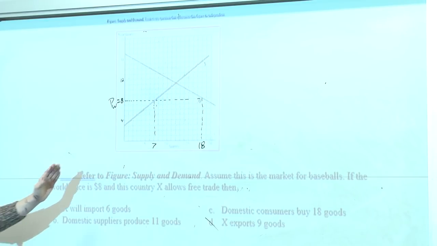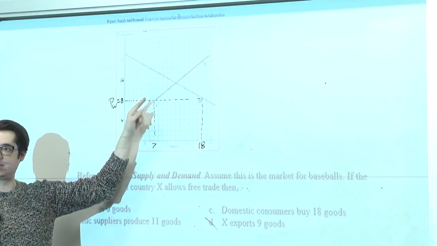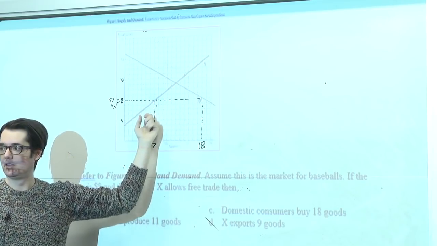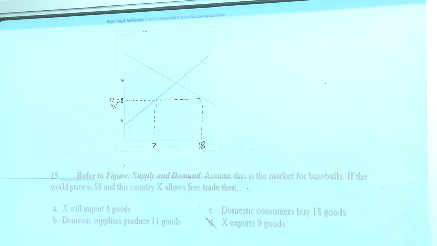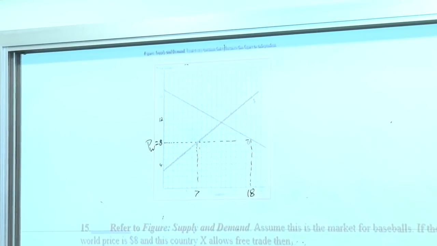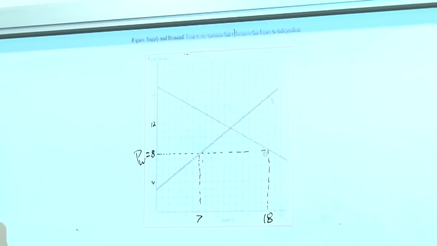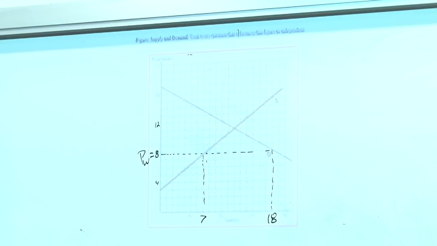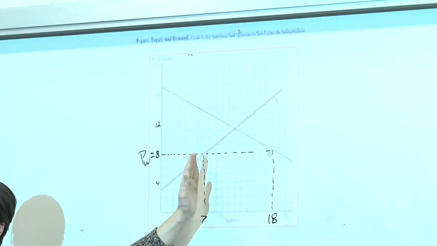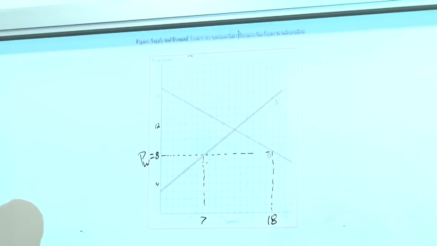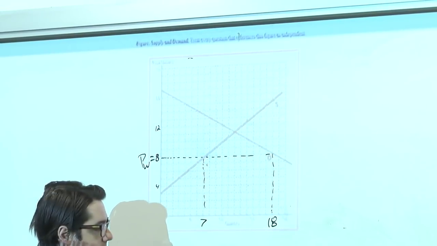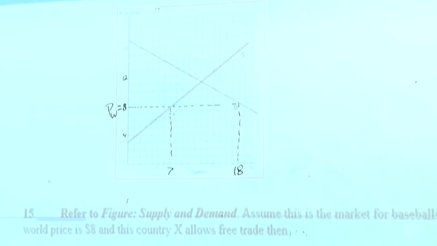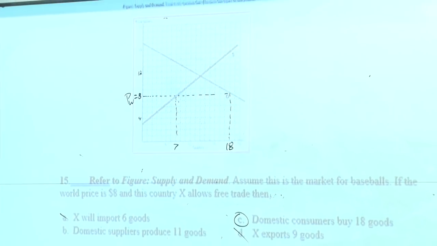Okay, so domestic suppliers are going to supply the first 7, and then we're going to import the remaining 11 at that world price. So we're not going to import 6, we're going to import 11. Domestic suppliers are not going to produce 11, they produce those initial first 7, and that's all they're willing to produce at that price, and then we get the rest from an international market. Okay, so the answer will be C. They consume 18 things. Does that make sense?